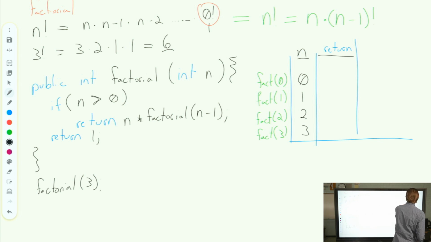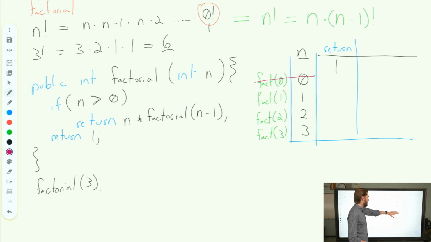So now this becomes more like a trace. So now I return 1. And my 0 factorial call is now done. This is over with. So now I move on to my 1 factorial down in this trace, and I can continue my n times factorial of n minus 1.